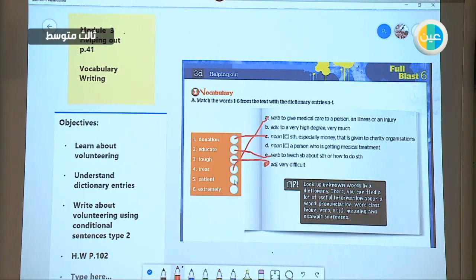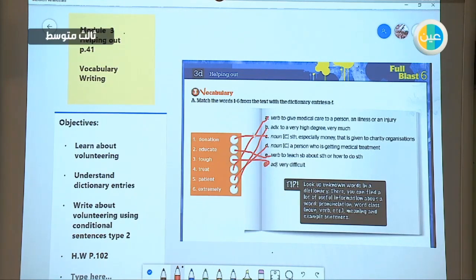What about patient? Okay, patient is D, which is a noun, a person who is getting medical treatment. And of course, we have extremely, which is an adverb, which means to a very high degree.